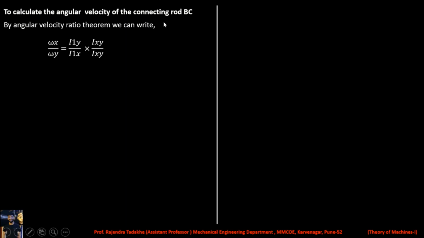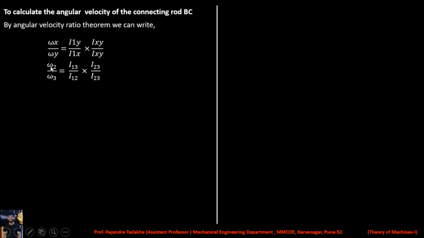So according to the angular velocity ratio theorem, we can write the angular velocity ratio of link x to the angular velocity of link y is equal to I1y upon I1x into Ixy upon Ixy. So here x is 2 and y is 3. So that's why we are writing omega 2 upon omega 3.